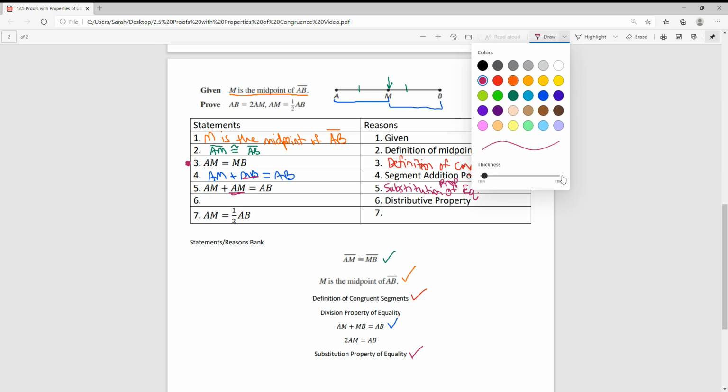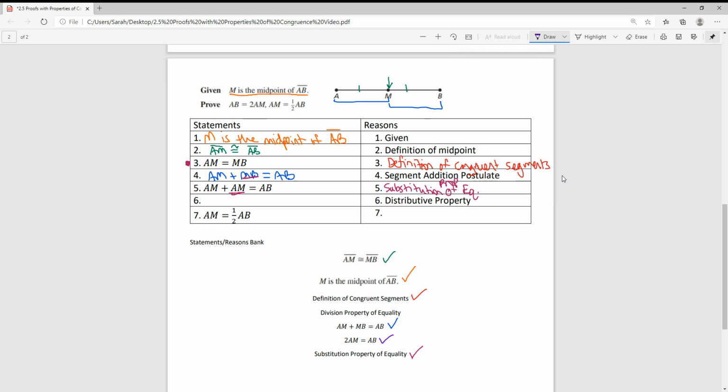This next step, I will tell you, is kind of weird, so just trust me on it. We can then add these two together. So you might think, oh, I'm using my addition property. But the addition property only works when you're adding the same thing to both sides. So AM plus AM equals 2AM.